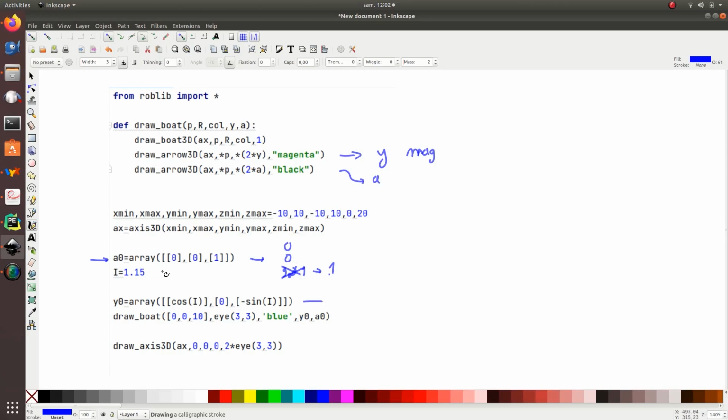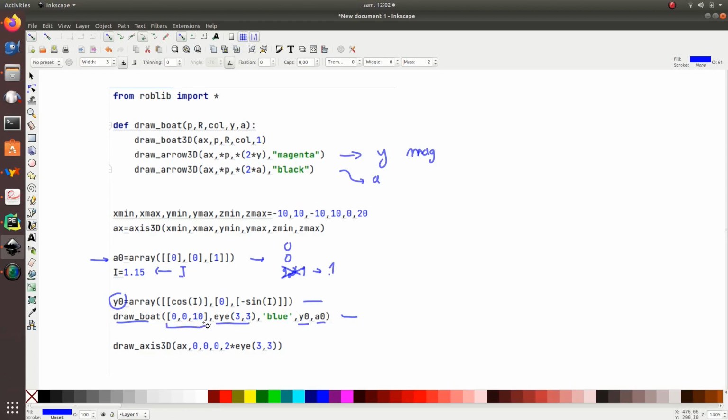Here I corresponds to the dip, to the inclination, and this one corresponds to the magnetic field we measure if we have an orientation corresponding to identity given here. So this line draws the boat and the magnetic field and the acceleration when we are at identity.